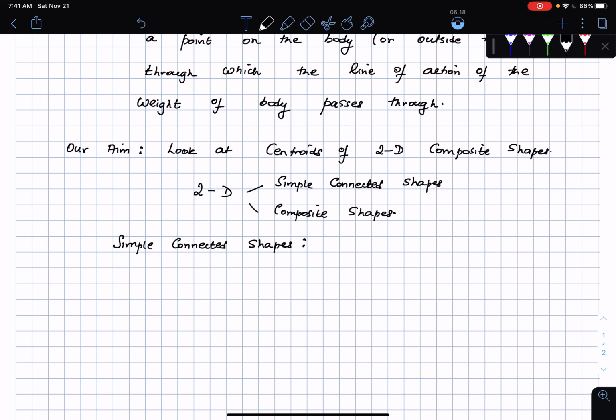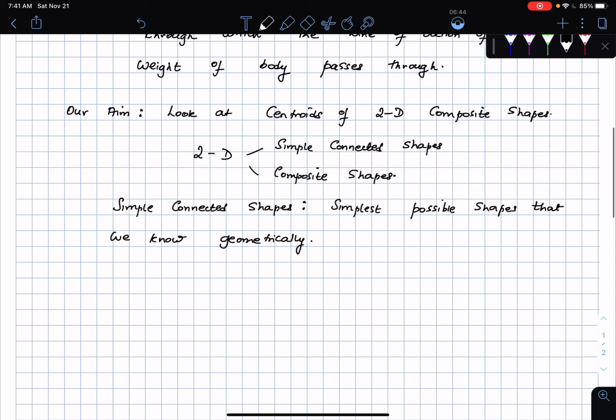These are the basic building blocks, the simplest possible shapes that we know geometrically.